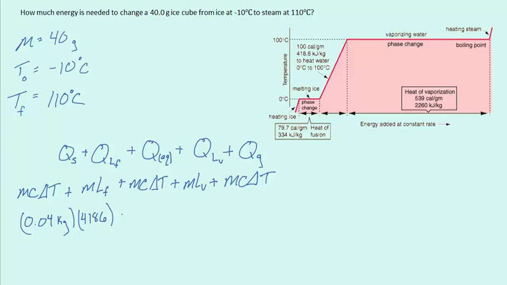We see that our change in temperature is initially from negative 10 degrees Celsius to 0 degrees Celsius, so we'll have a change of 10 degrees Celsius, plus our mass of ice, once again, multiplied by the latent heat of fusion, which for water has a value of 3.33 times 10 to the fifth joules per kilogram.